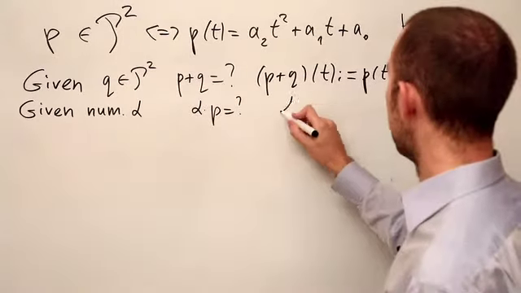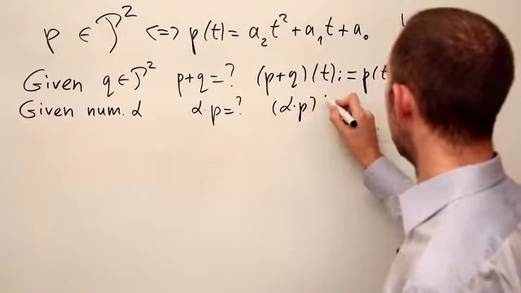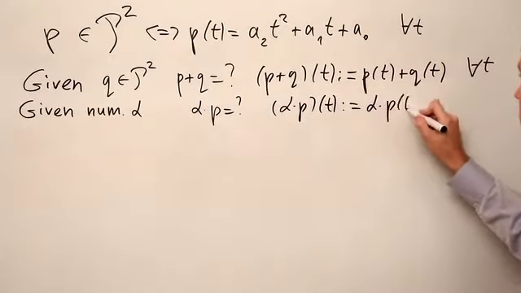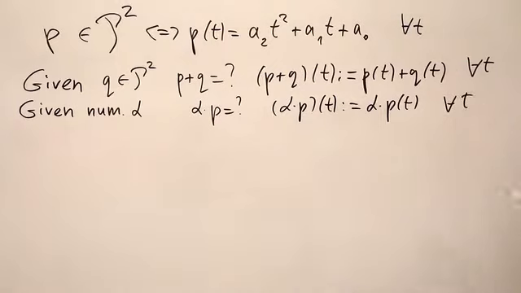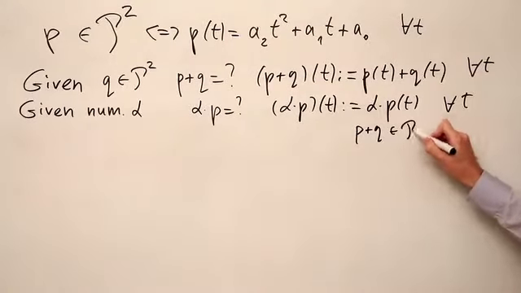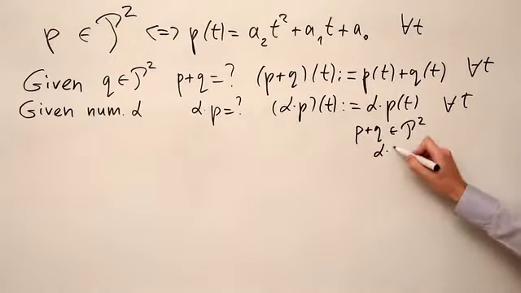We define alpha times p to be a function of t given by alpha times p(t) for all t. These functions are not arbitrary functions of t, but as it is easy to see, they are polynomials with degree 2 or less, so we can write that p plus q belongs to P2 and alpha times p belongs to P2 as well.